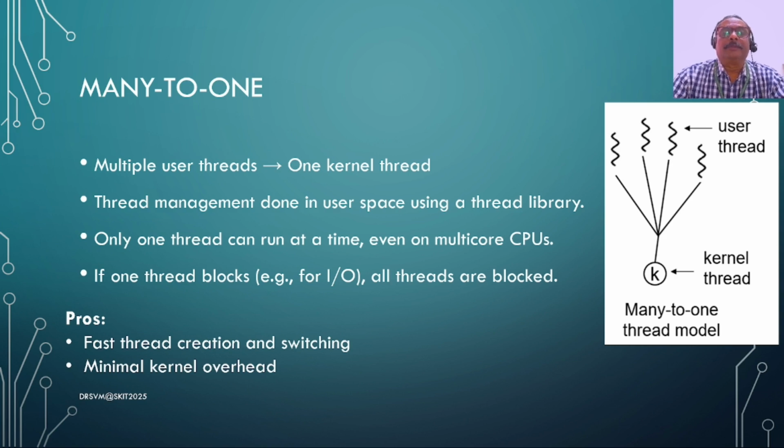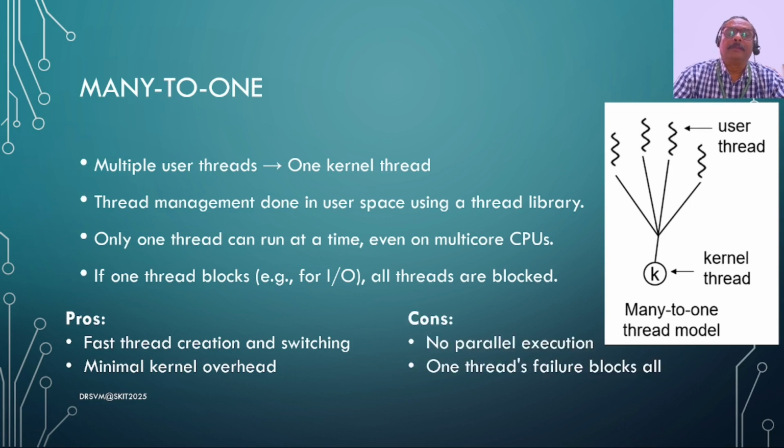So the positive side of the many to one type of connection is that fast thread creation and fast switching are possible, and because only one kernel thread is being used, we have minimum overhead at the kernel level. But nothing comes free, so there is a negative side also.